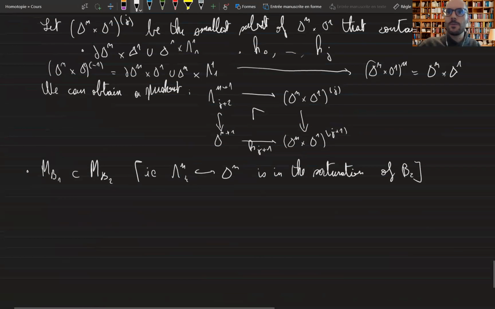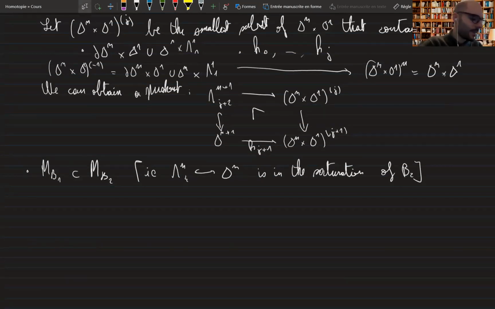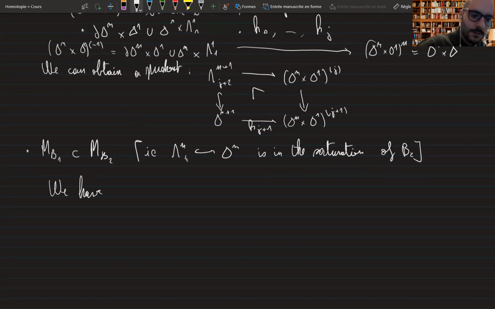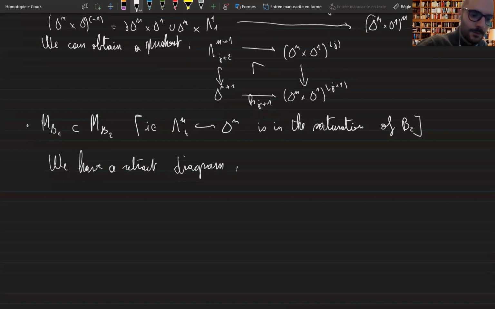So now we are not going to prove that it's a push out. We are going to prove that it's a retract. Okay. So I also draw some pictures. So we have a retract diagram. Okay, it's going to be also a bit, it's a lot of combinatorics, right? But in the end, it's not very complicated.